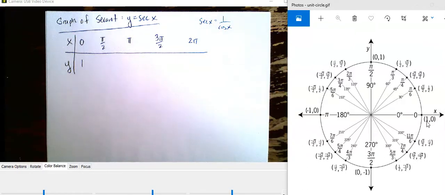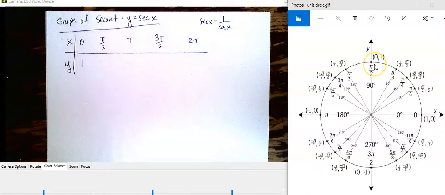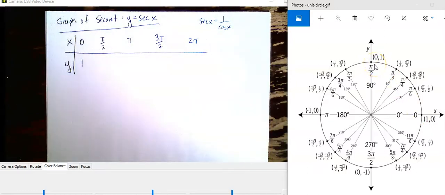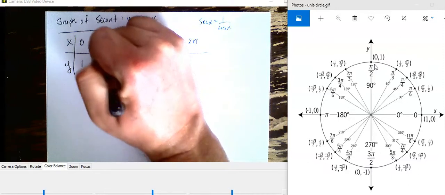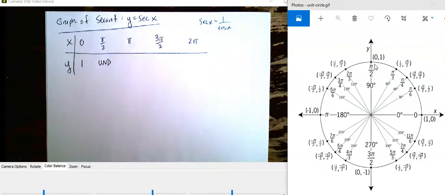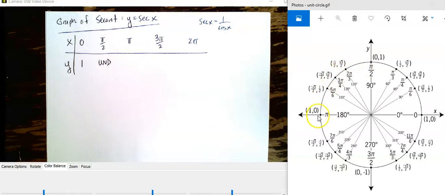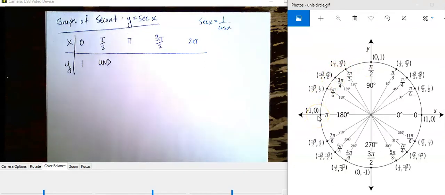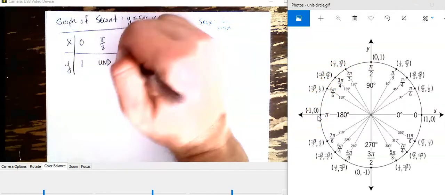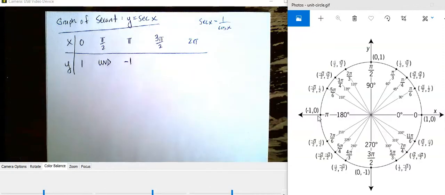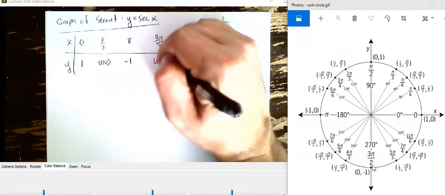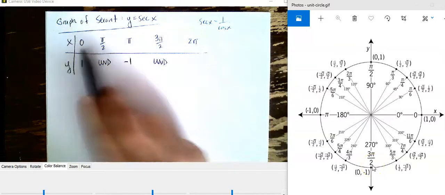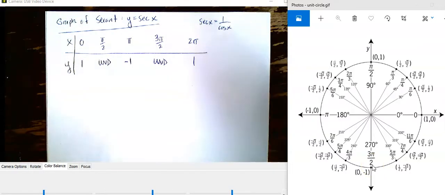At pi over 2, the cosine is 0, and 1 over 0 is undefined. At pi, cosine is negative 1. 1 over negative 1 is negative 1. At 3 pi over 2, it's again 0, so we get another undefined. And 2 pi is the same as 0, so 1. Okay.